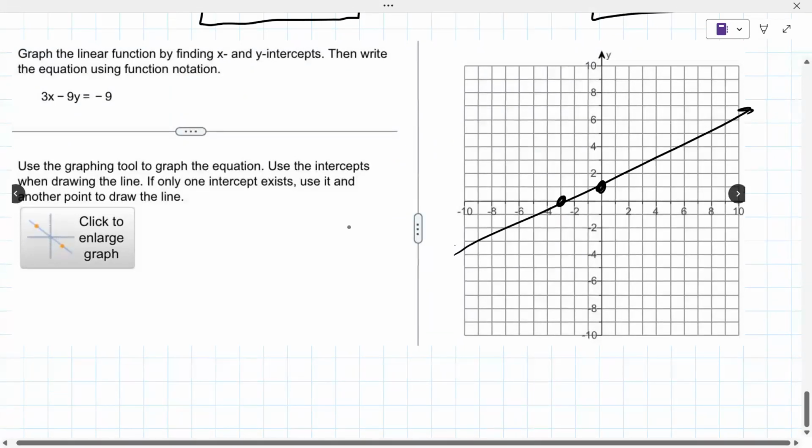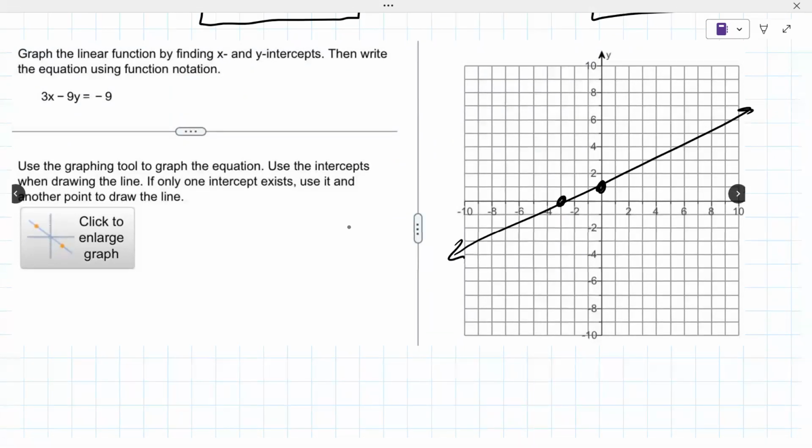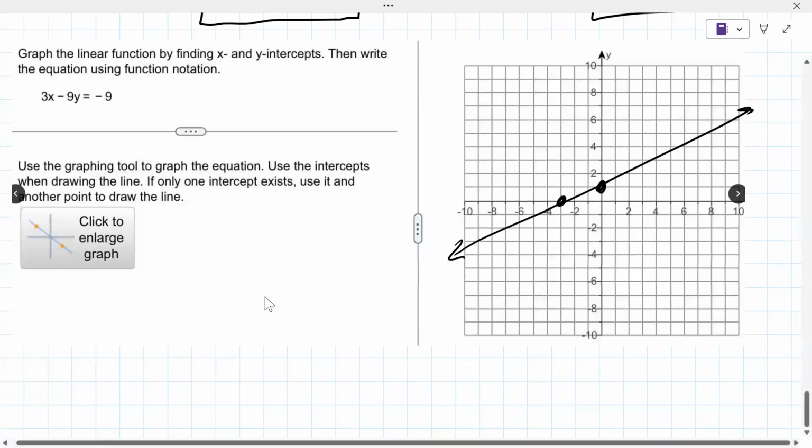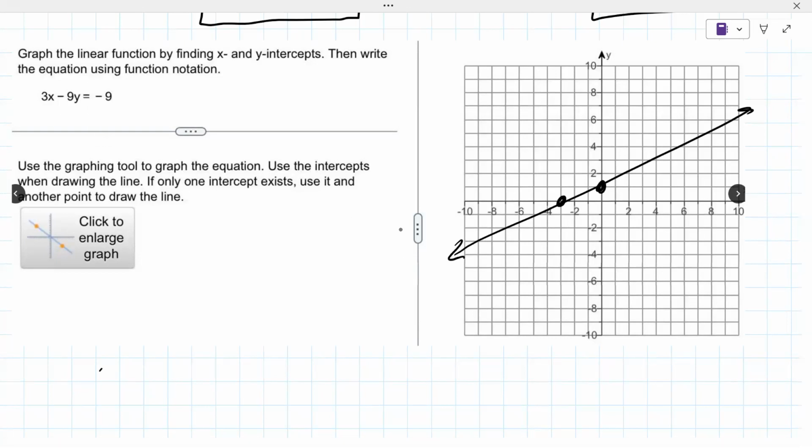Go ahead and graph it and see if that worked. Yeah, it worked. Now, this one also asks to write the equation using function notation. So we have to solve for y.